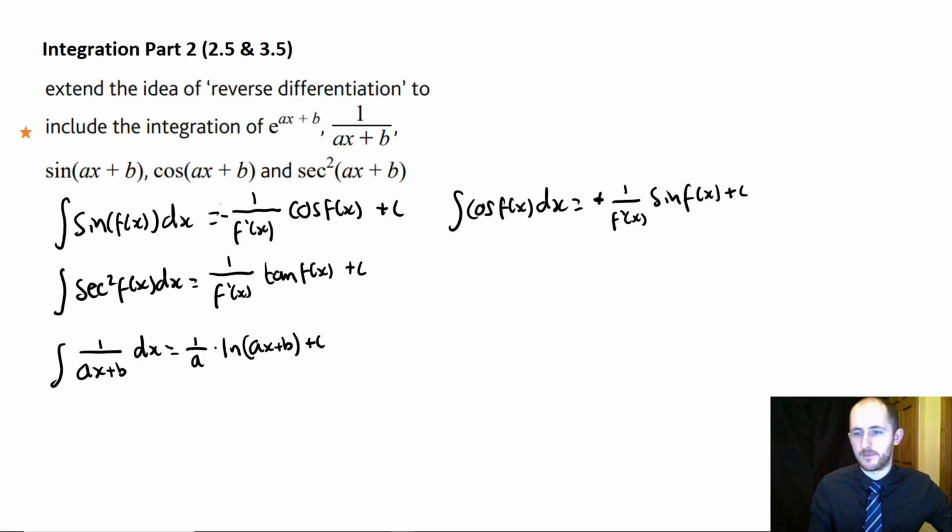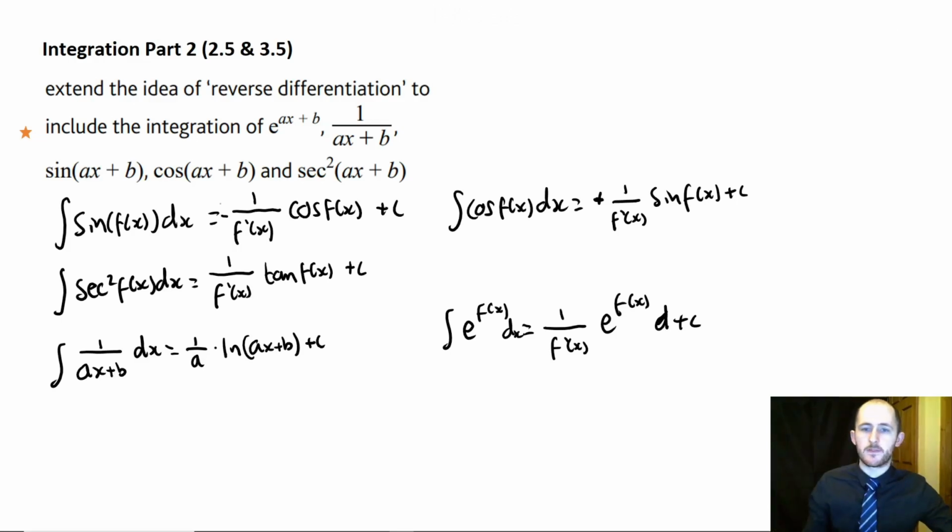And lastly, if you have e to the f of x dx, just like differentiation, you have 1 over the differential, and then the rest stays exactly the same, plus c.